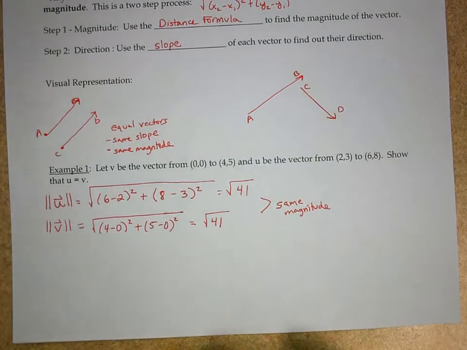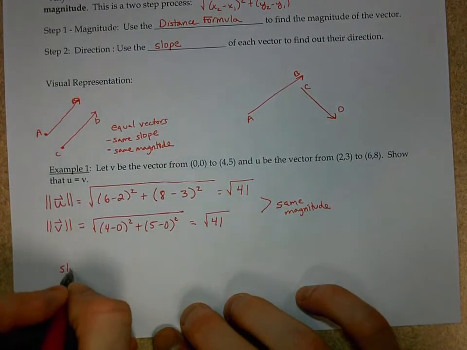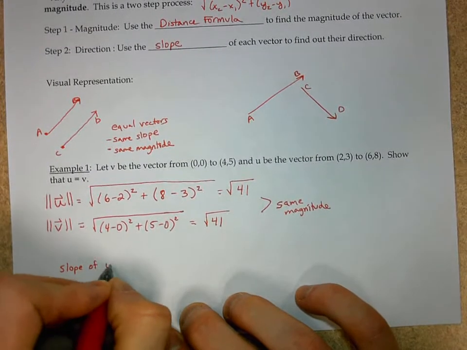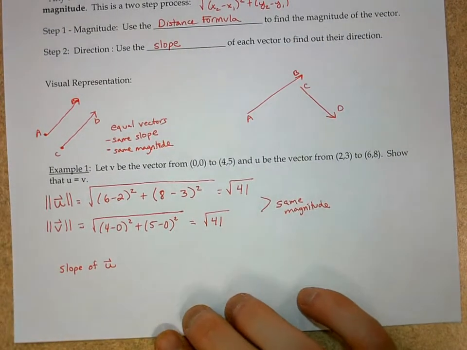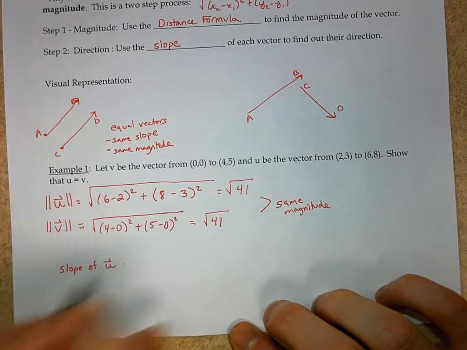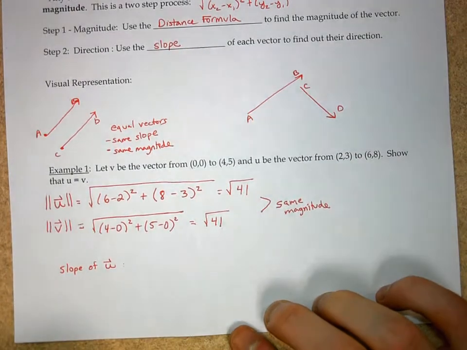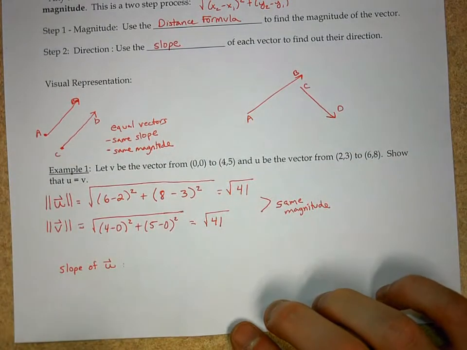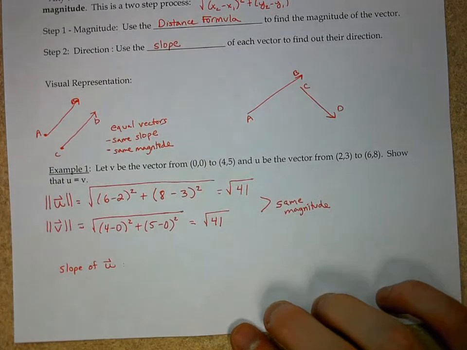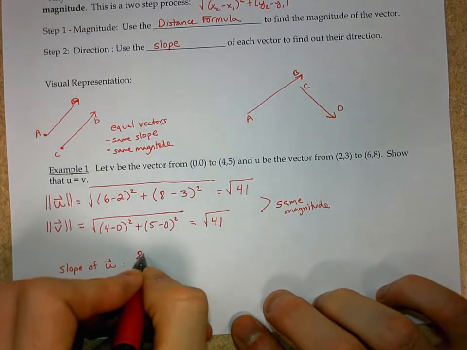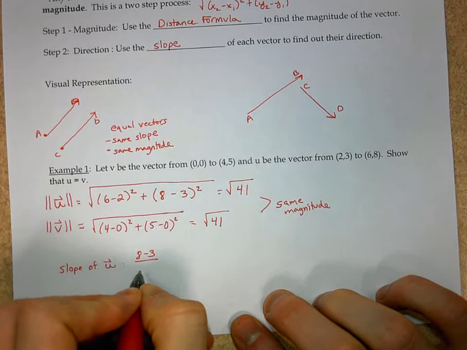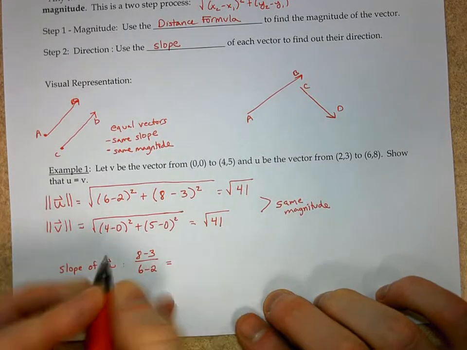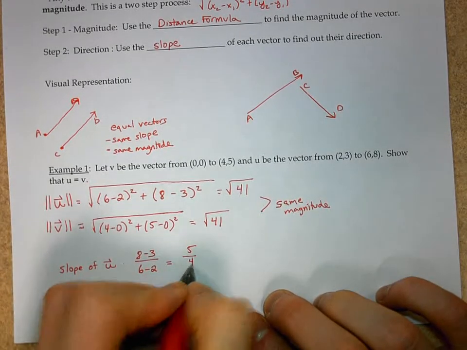Next thing we need to look at is the slope. So we'll start with the slope of U. Slope we know is our change in y over our change in x, or y2 minus y1 over x2 minus x1. So 8 minus 3 over 6 minus 2, which is going to give us 5/4.